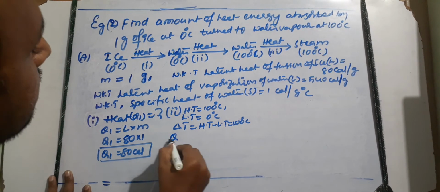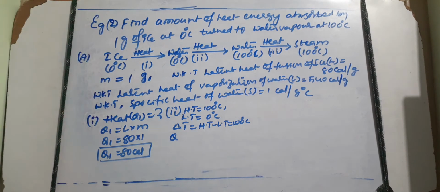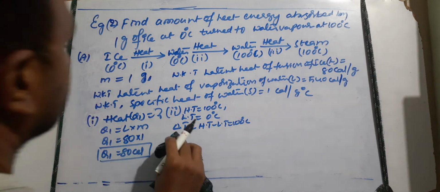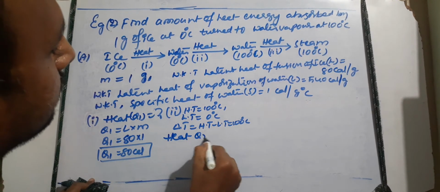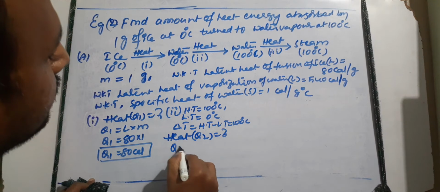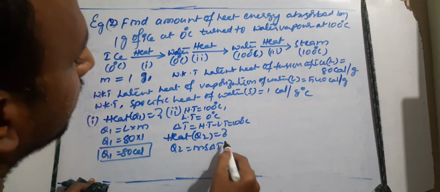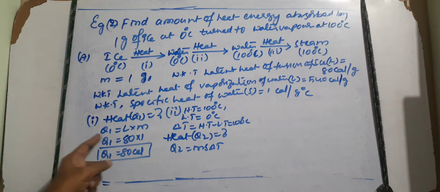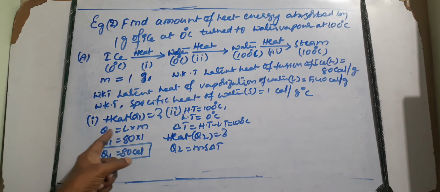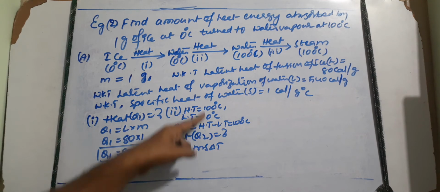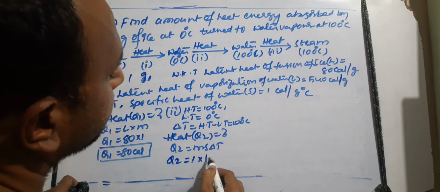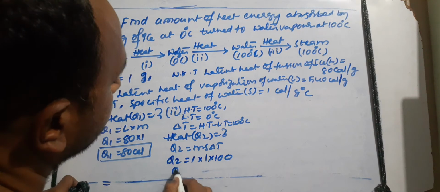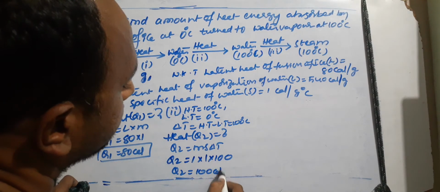In this case we calculate the amount of heat energy absorbed, Q2, which is given as m s delta T. Why are we using m s delta T here, while before Q was L into M? Because in stage 1 there is no change in temperature, so we use that formula. Here there is a change in temperature, so we use this formula. So Q2 is equal to mass 1 gram, specific heat 1, and delta T 100. So Q2 is equal to 100 calories.